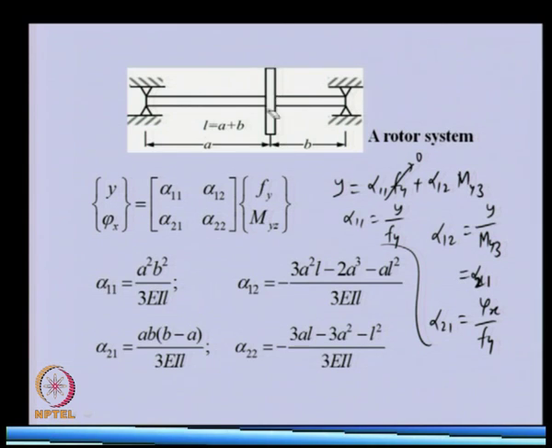For this particular case, we have a Jeffcott rotor with an offset disc, where A and B are given like this. Alpha 1 1, alpha 1 2, alpha 2 1 are all expressed in terms of the location of the force, geometry of the shaft and material property of the shaft. So, once we know all these properties, we can calculate the influence coefficients.